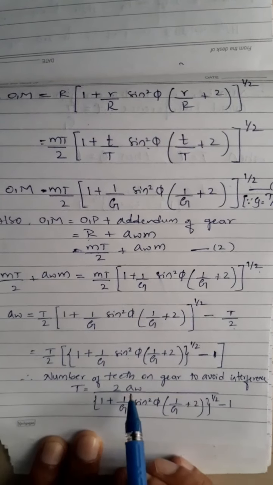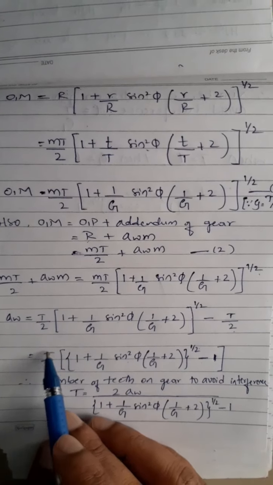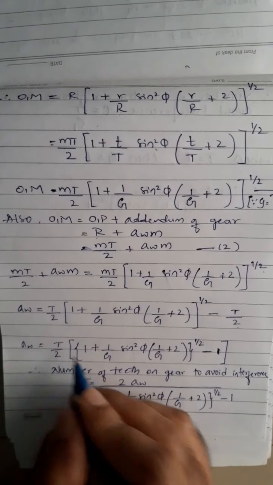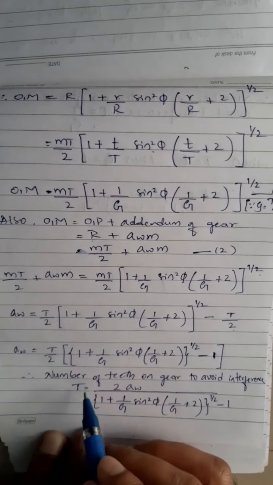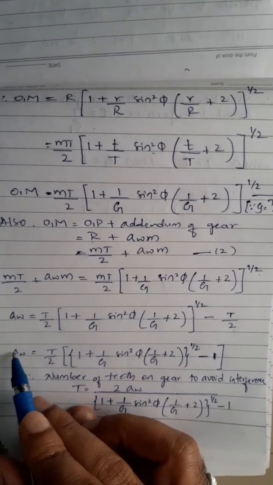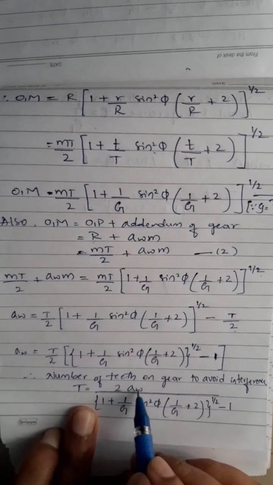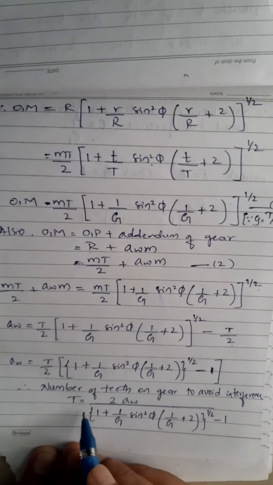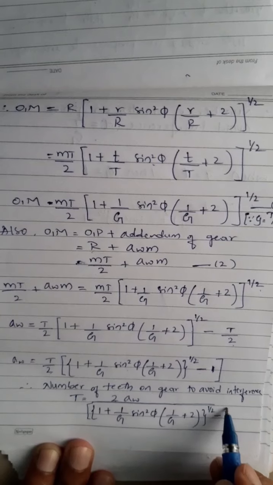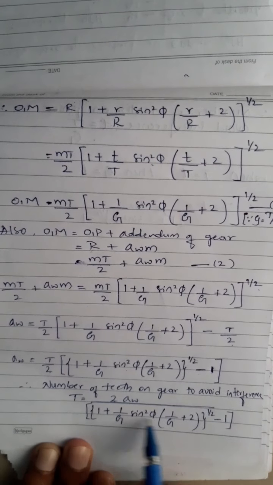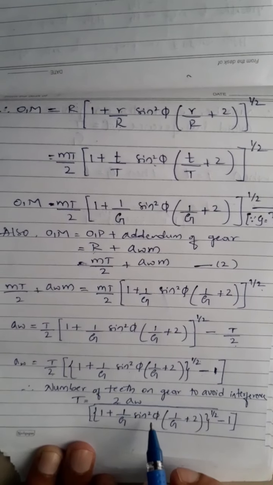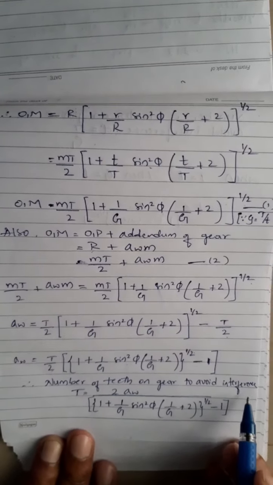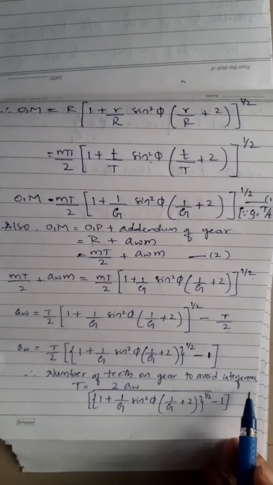So number of teeth on the gear to avoid the interference, we'll write this equation for t. When I write this equation for t, 2 will go to the numerator, so it will become 2aw, and the term in the bracket as it is, so this is the equation for number of teeth required on the gear to avoid the interference.